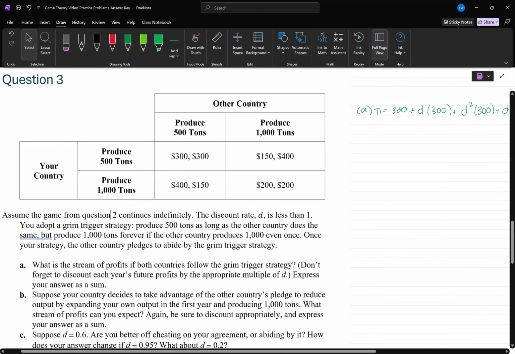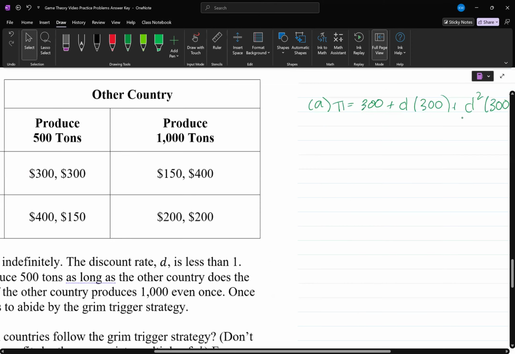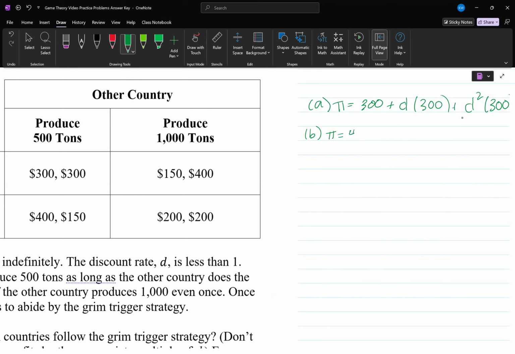But instead, let's say that in that first round, we cheat, my country cheats. What that is going to mean for our profits is I get the payoff from cheating when the other country doesn't. And then from then on, my cartel member is never going to cooperate with me again.